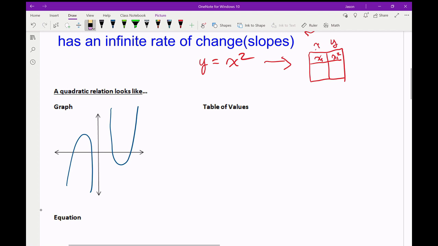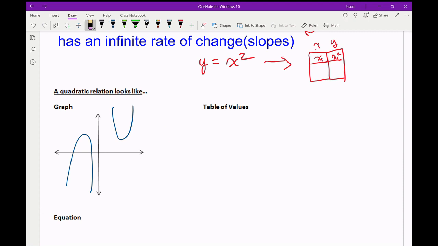I could literally take this out and then put in another graph. Maybe the graph opens up, but it's above the x-axis. Or maybe your graph will just barely touch the x-axis, right? So those parabolas can look like anything like that.